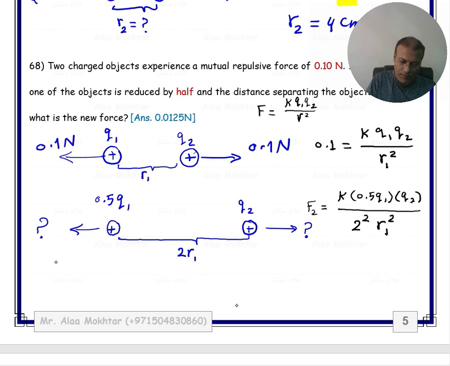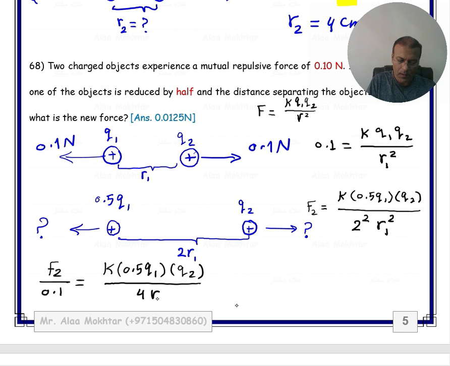So F2 over 0.1 equals K, 0.5 Q1 multiplied by Q2, over 2 squared, which means 4 R1 squared, divided by K Q1 Q2 over R1 squared.